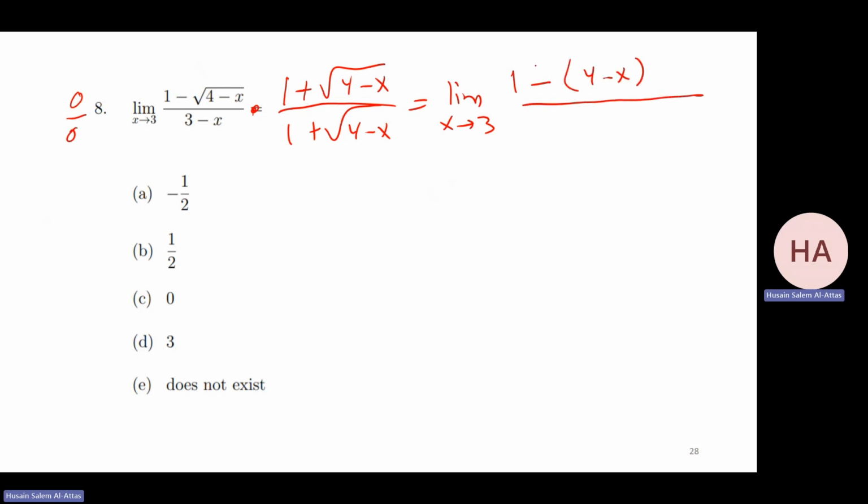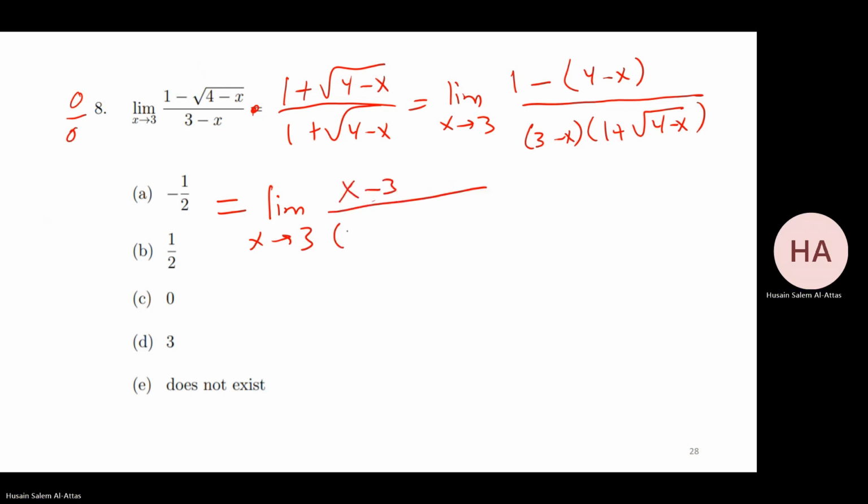Be careful, this minus should be multiplied by every number here. So it will be 3 minus x, 1 plus square root of 4 minus x. What is this? The numerator is 1 minus 4, which is minus 3, minus x, so it will be x minus 3 over 3 minus x, 1 plus square root of 4 minus x.